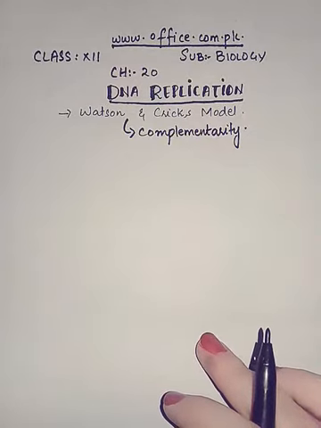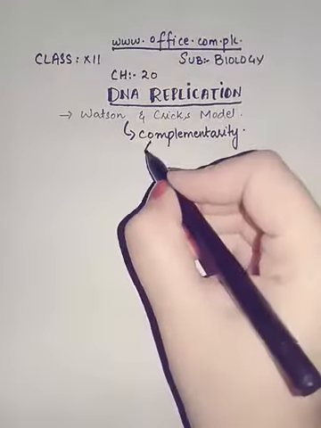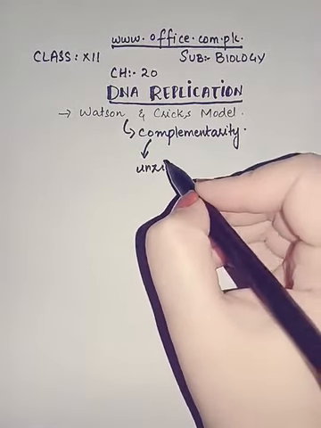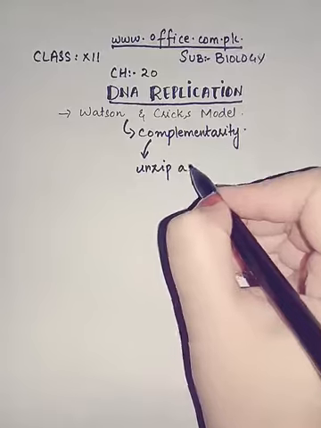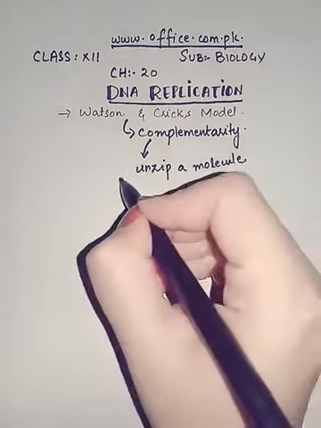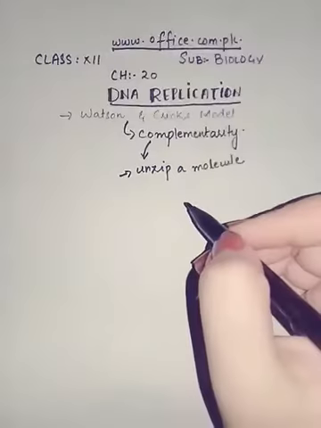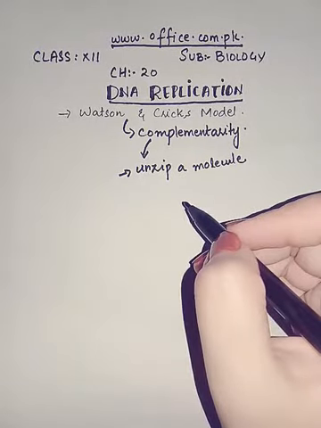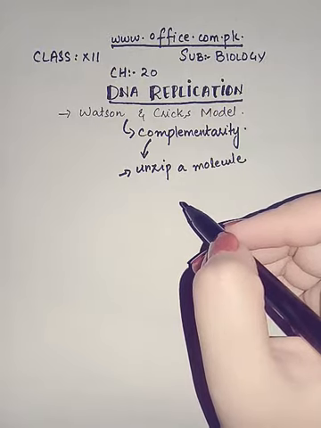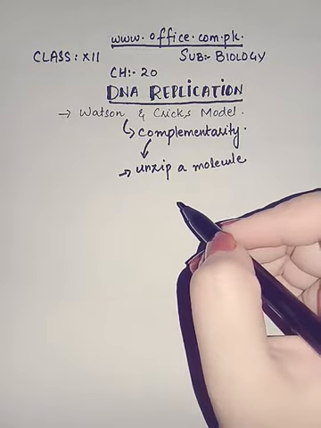Now, complementarity suggests that if we unzip a molecule of DNA, we need only to assemble the appropriate complementary nucleotides on the exposed single strand to form the two daughter complexes with the same sequences.